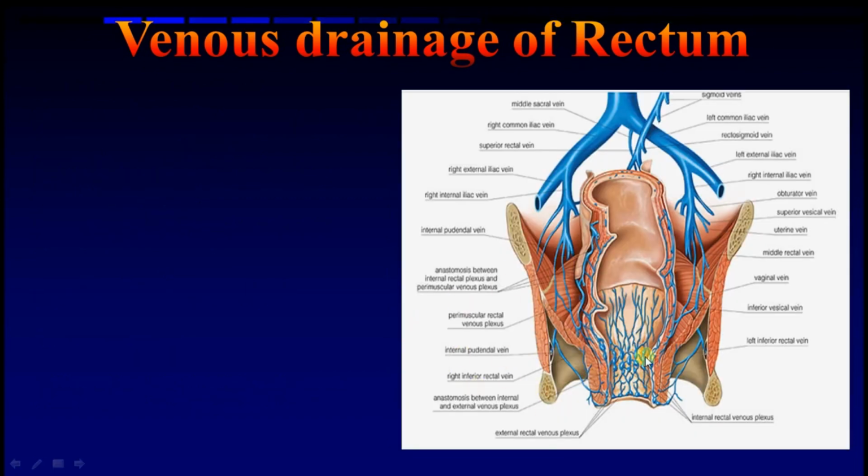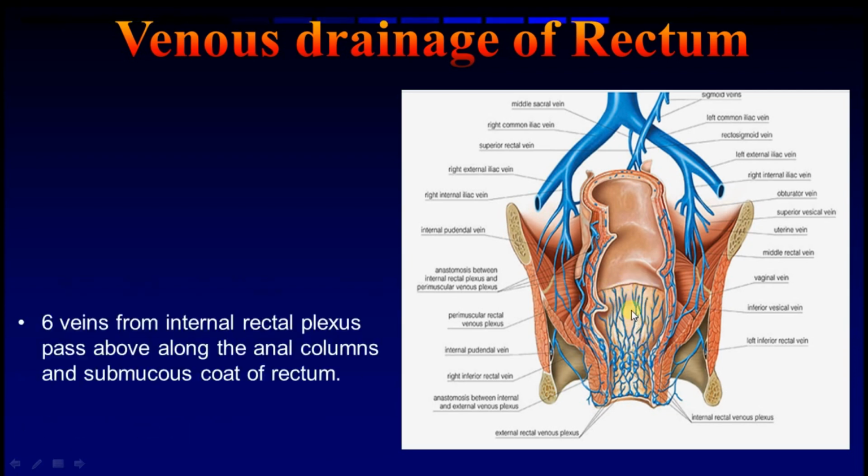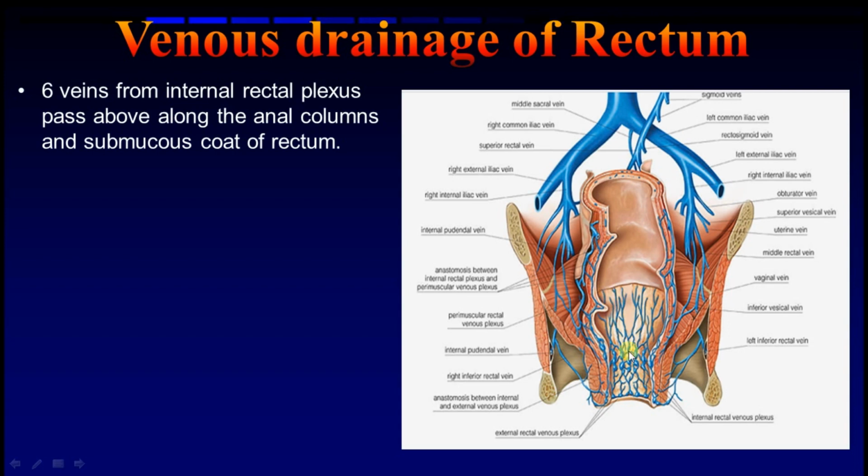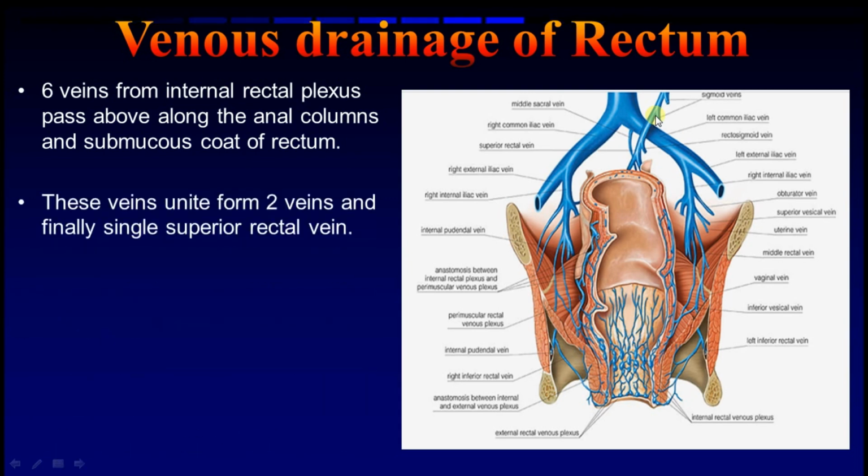Now, from this internal rectal venous plexus, 6 long veins pass along the anal columns and submucosal coat of the rectum. So ultimately they will form 2 veins, and ultimately a single superior rectal vein, which will continue as the inferior mesenteric vein to join the splenic vein. Okay.